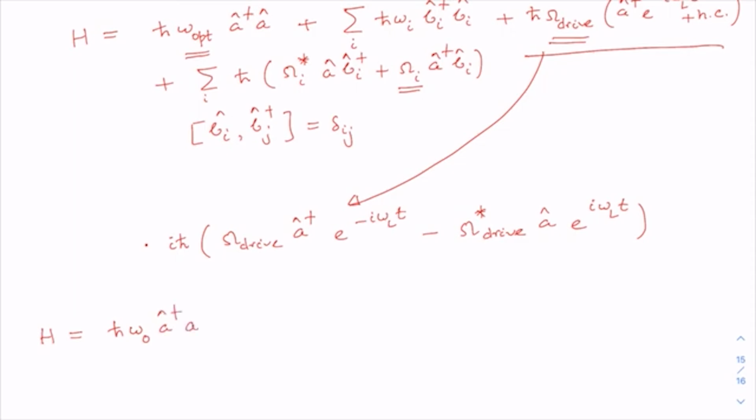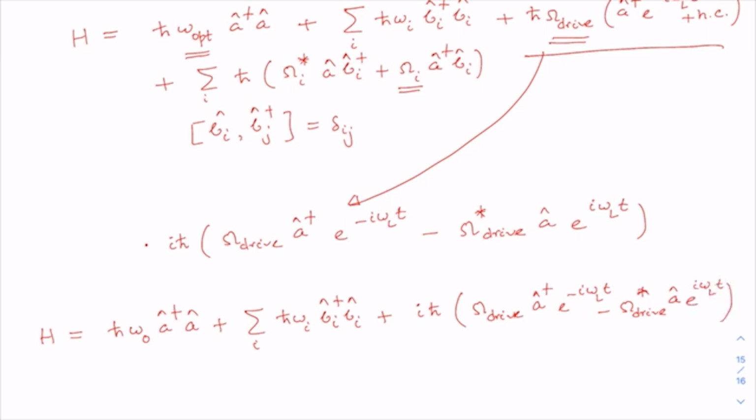H cross omega 0 A dagger A plus summation h cross omega I b_i dagger b_i, and then let me now take the general form here, that is i h cross omega drive A dagger e to the power minus i omega L t minus omega drive star A e to the power i omega L t, and finally we have summation h cross omega I. So please don't get confused with the omega terms here.